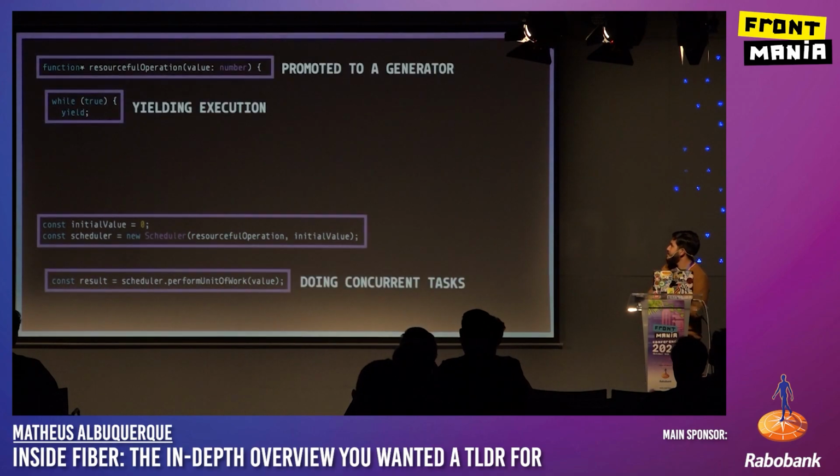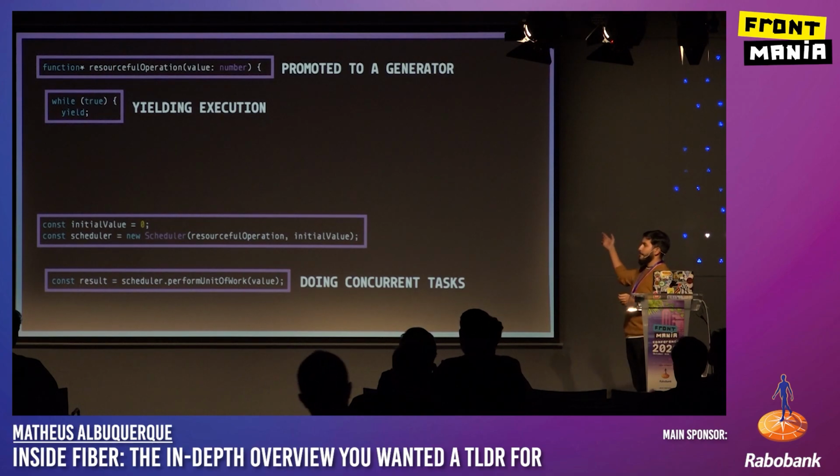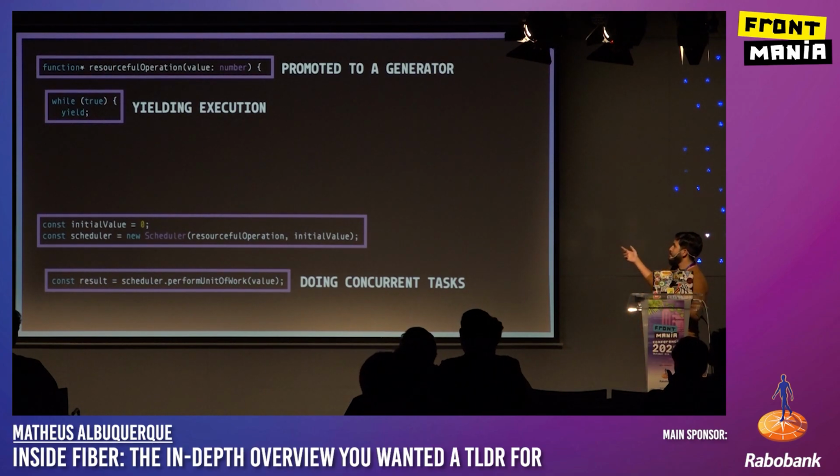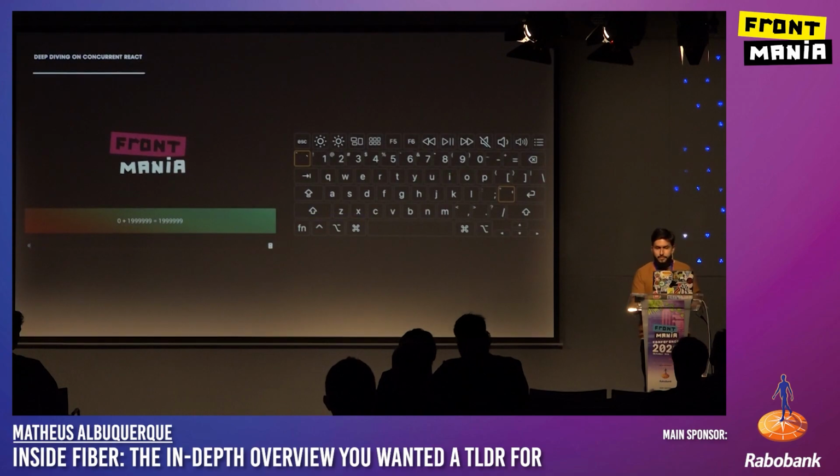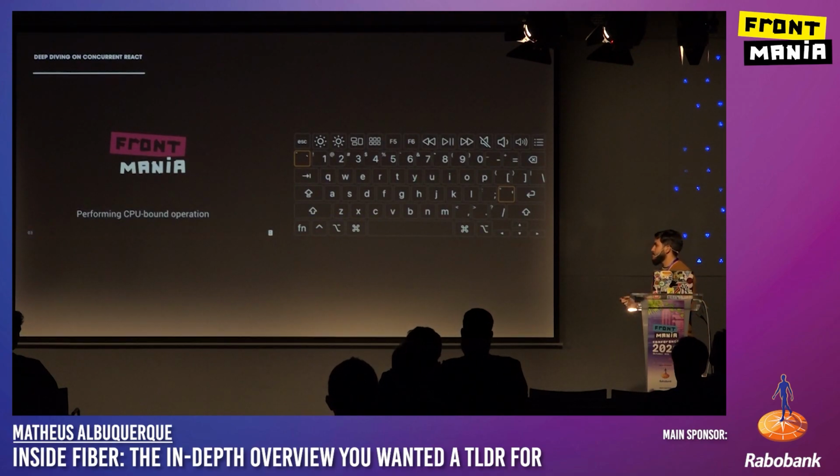And what's changing is we turned the heavy function we had into a generator, and inside this generator, right in the beginning, we are using the execution yield. And on the bottom, we have this new scheduler object, and we call this performUnitOfWork method. Of course we're going to discuss the source of that, but let's see how it behaves.